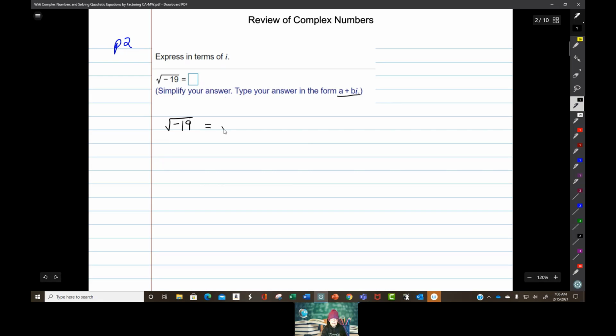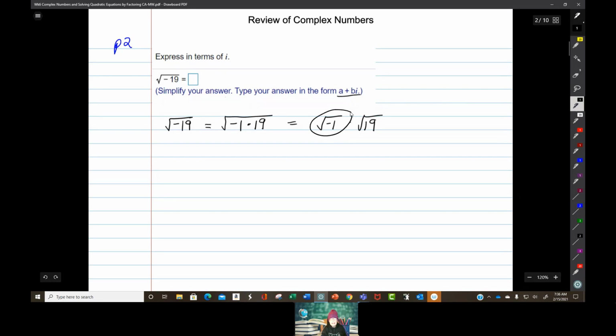Rewrite it like this. Which is true. -19 equals -1 times +19. Well, that's the square root of -1 times the square root of 19.